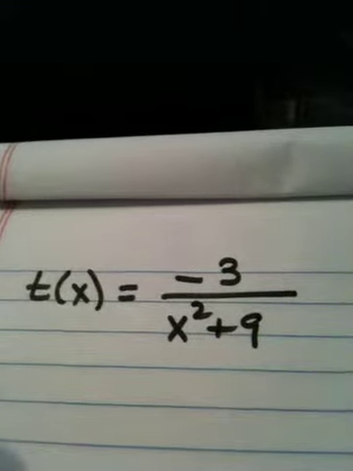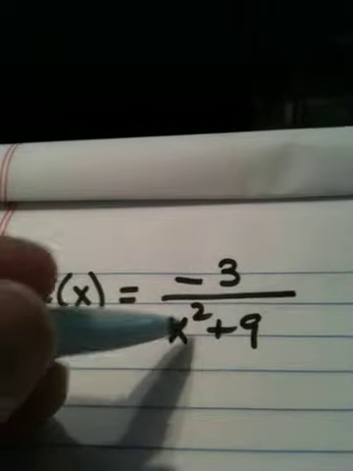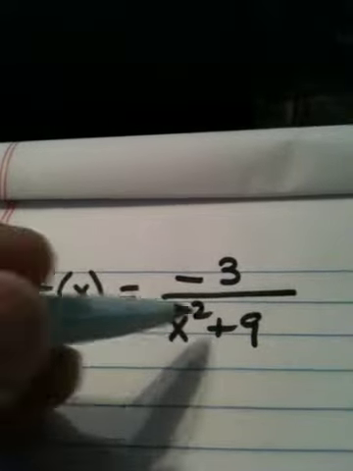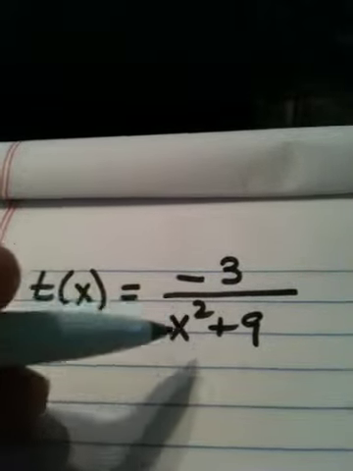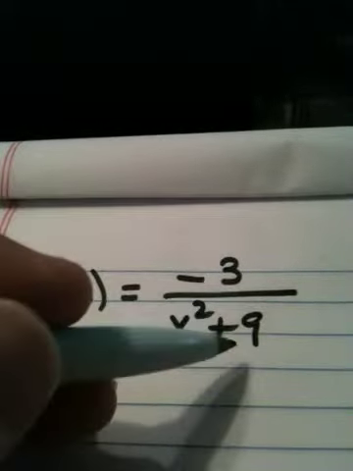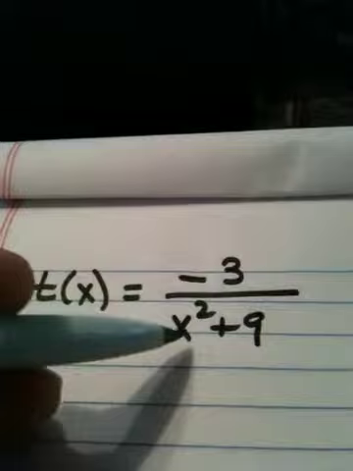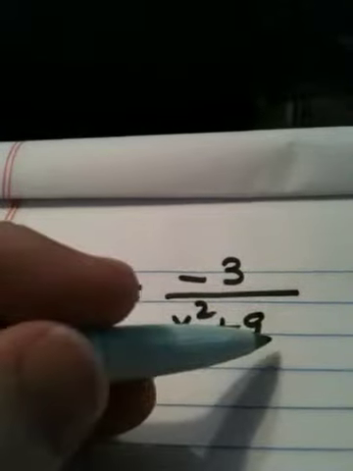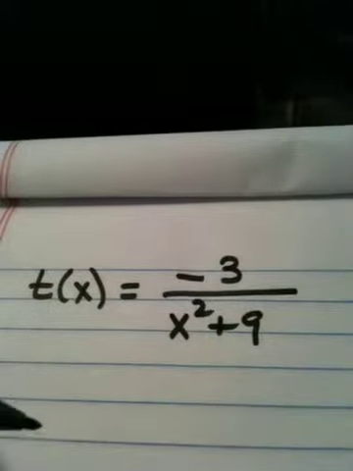Well, of course not. Because no matter what real number you square, the answer is going to come out to be 0 or positive. If you put in a 0, 0 squared plus 9 is 9. If you put in a positive or a negative number, this became positive. When you added 9 to it, you got an answer bigger than 9.